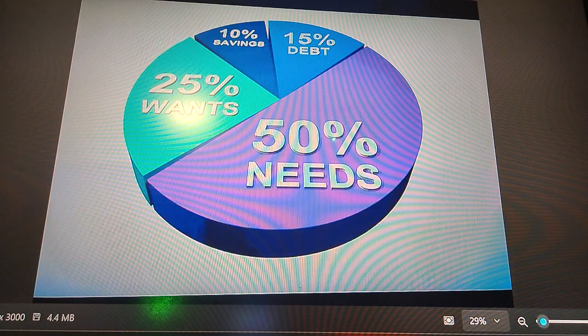If you're someone like me, once you get debt-free it'll change up a little bit. 50% still goes towards needs, then anywhere from 10 to 20% towards wants, and the other 30 to 40%, so if 10% is wants, 40% is savings or investing or both.